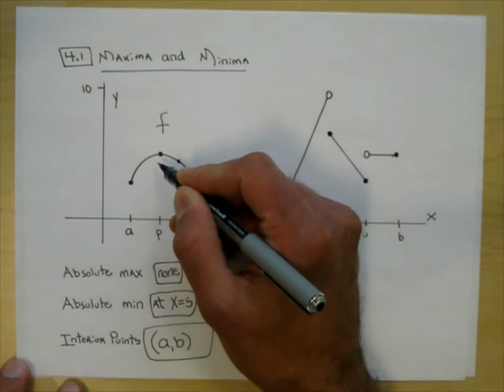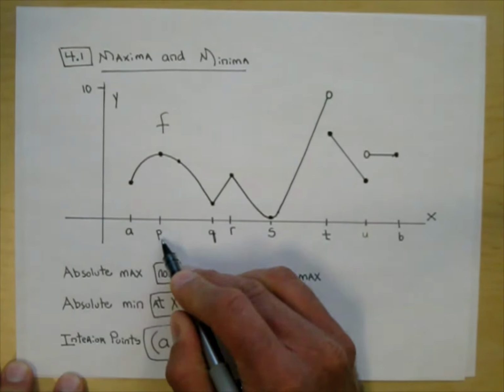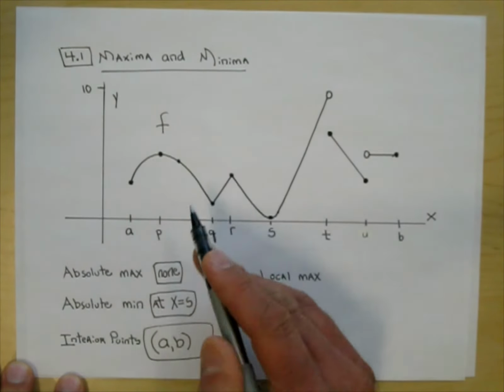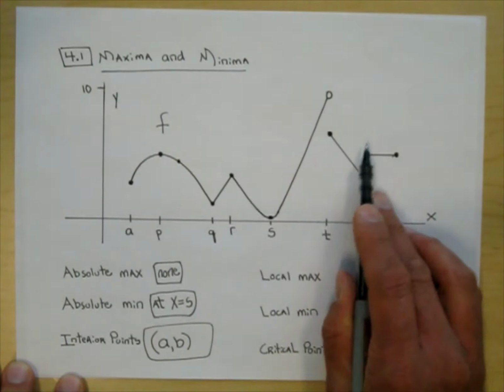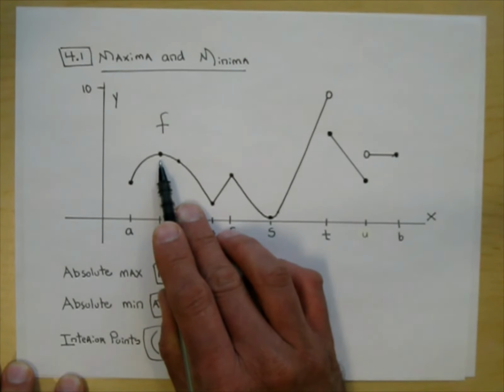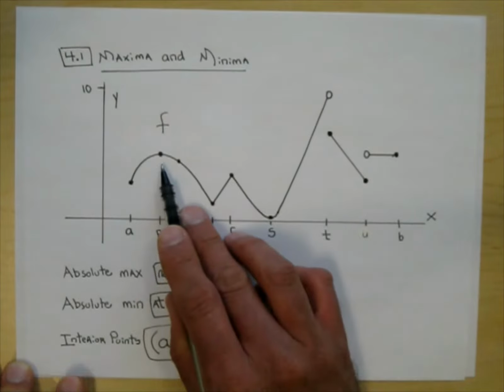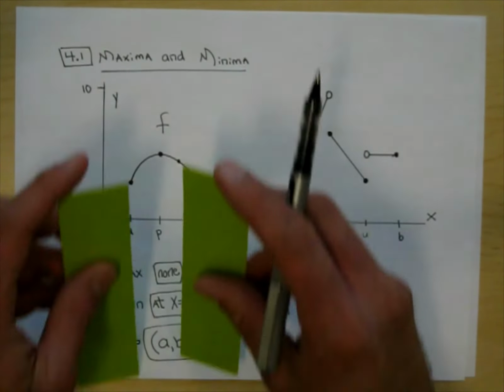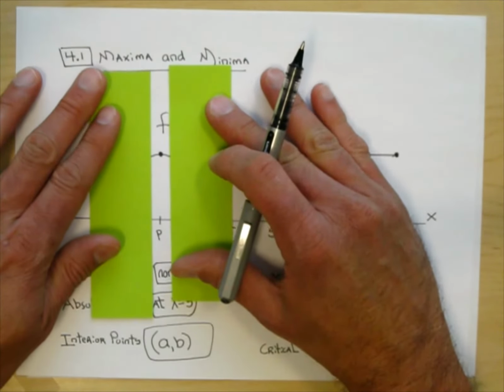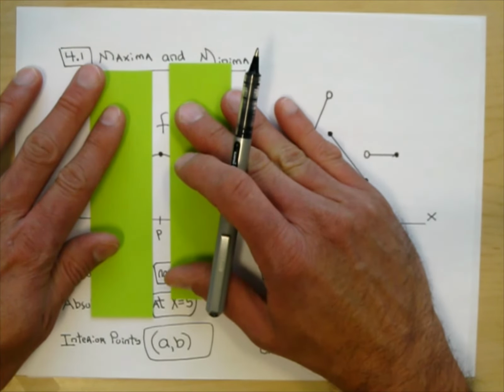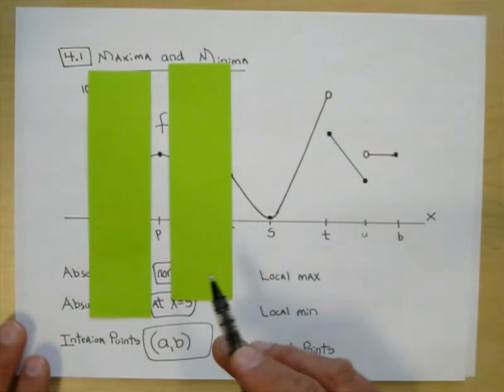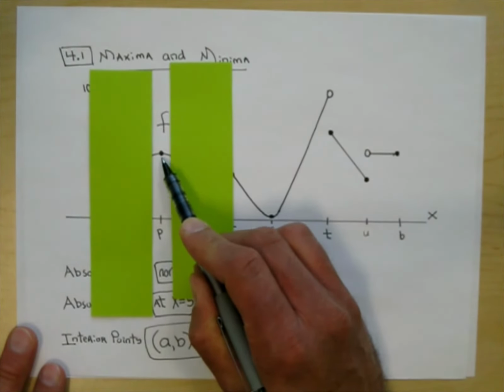Well, remember point P here? We'll call this point P, it's the location. He was not the top dog of the whole graph. There were points that were higher altitude than this guy. But if you put a neighborhood around him, look at that. He looks like the top of a hill, doesn't he? And so that is what it is.